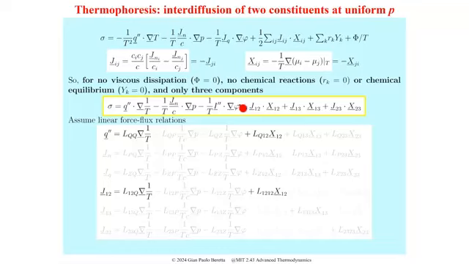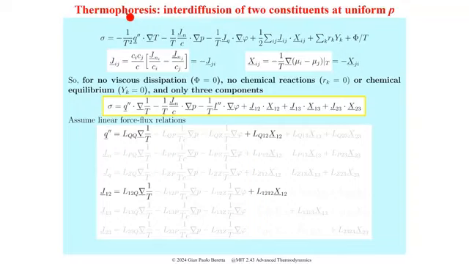Now, if in addition to having gradients in concentrations, you have also a gradient in temperature, this opens up to thermodiffusion effects. And so the transport, thermophoresis means, remember, phoresis means transport.